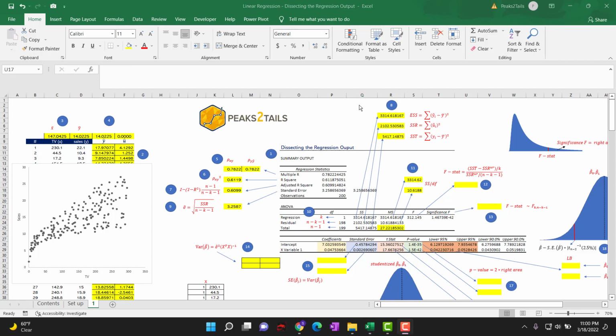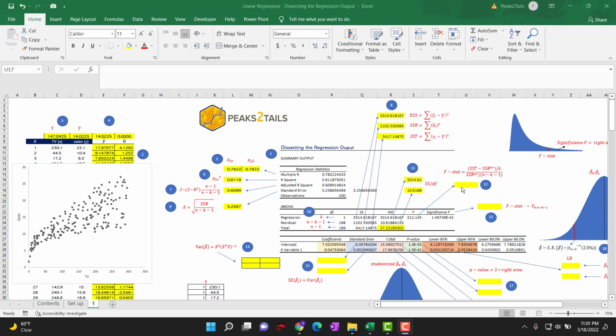Next, we can calculate the F-statistic. Now, if you recall, F-statistic is used to perform a joint hypothesis on all the beta coefficients for the regressors, not the intercept. And it does so by comparing the variance between the restricted model and the unrestricted model. In our case, we only have one regressor.